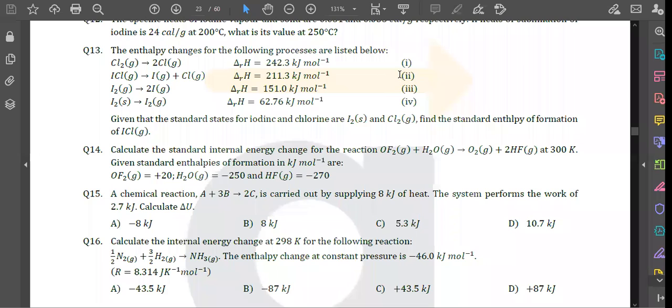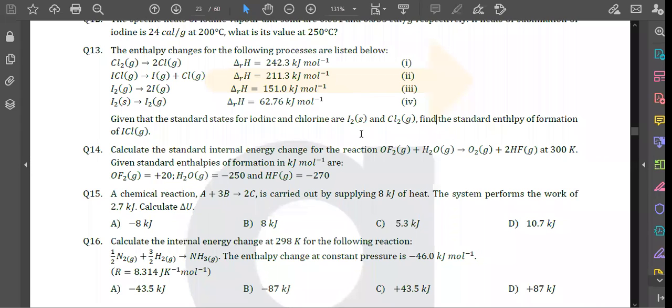Yes or no? 14, 15, 16. So 14, no doubt, I guess. 15, also no doubt. Right, it's basic. Formula putting, getting 16. Let's see question number 16.